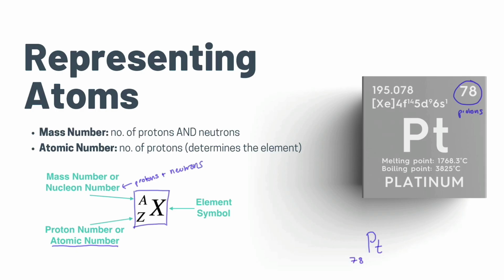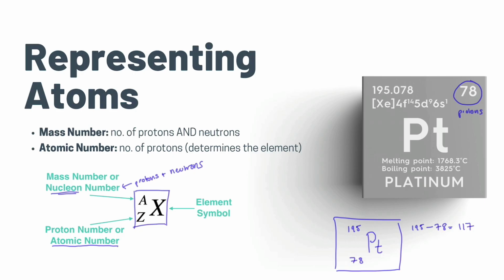It's sometimes called the nucleon number, because earlier I said that a nucleon is a proton or a neutron, because it's found inside the nucleus. In this case, it would be 195. To find how many neutrons are in platinum, we take the mass number, 195, subtract the proton number, 78, and that gives us the number of neutrons. So the number of neutrons is 117.